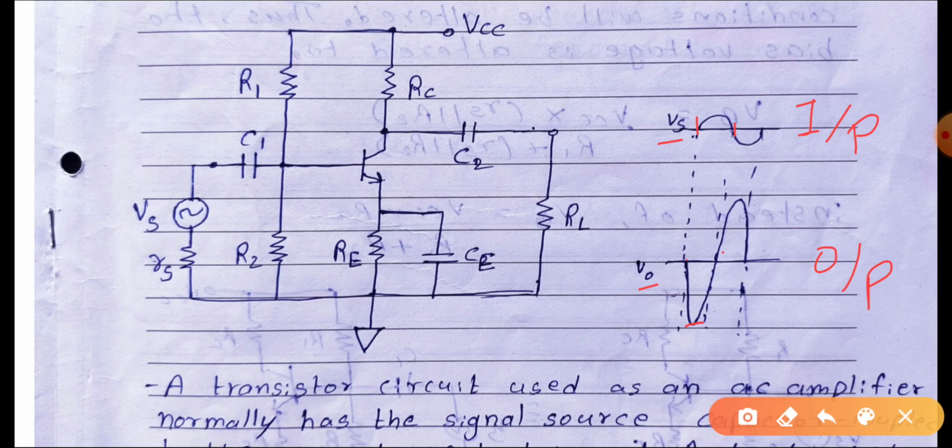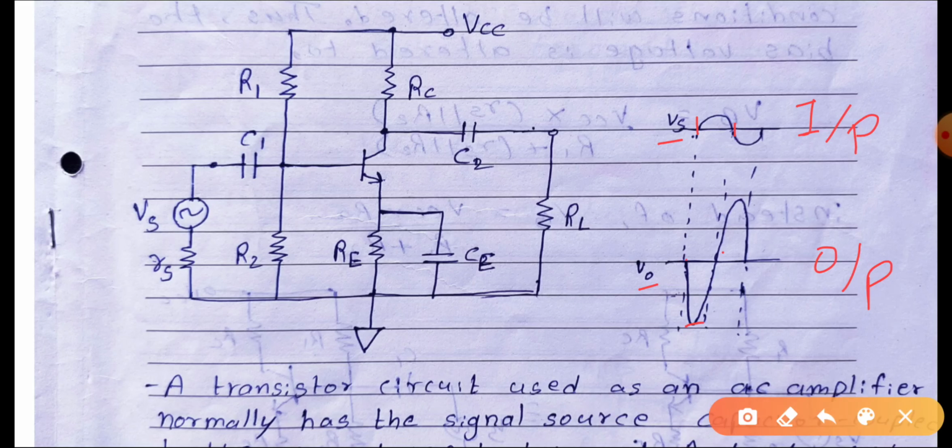So the phase of the input signal is inverted or reversed in your output voltage or output signal. So why this happens? Why the phase is reversed at the output voltage, we will discuss now.